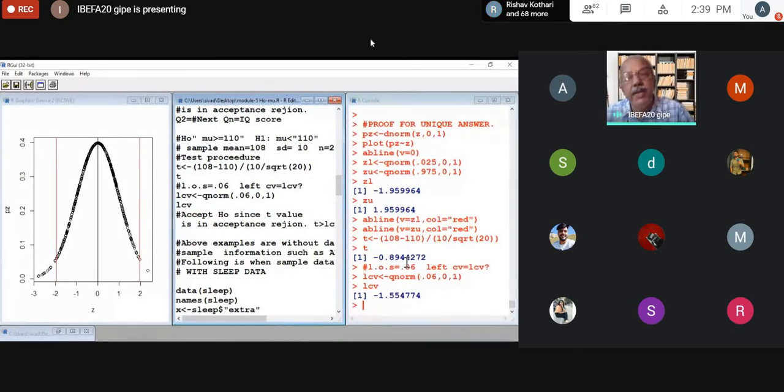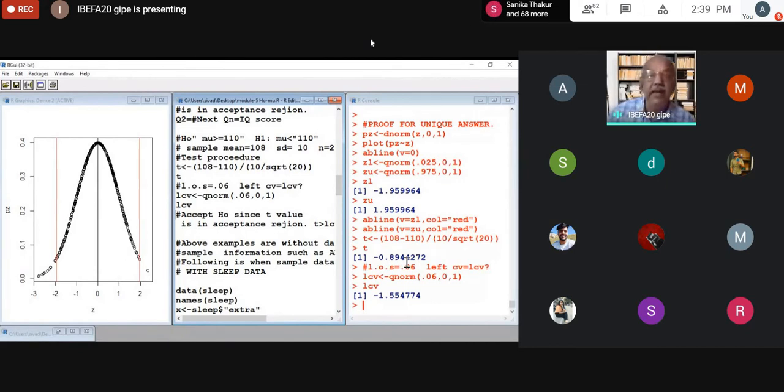What is the conclusion? Accept H0, because the lower critical value is minus 1.55 and your T value will be in the acceptance region. So accept H0.